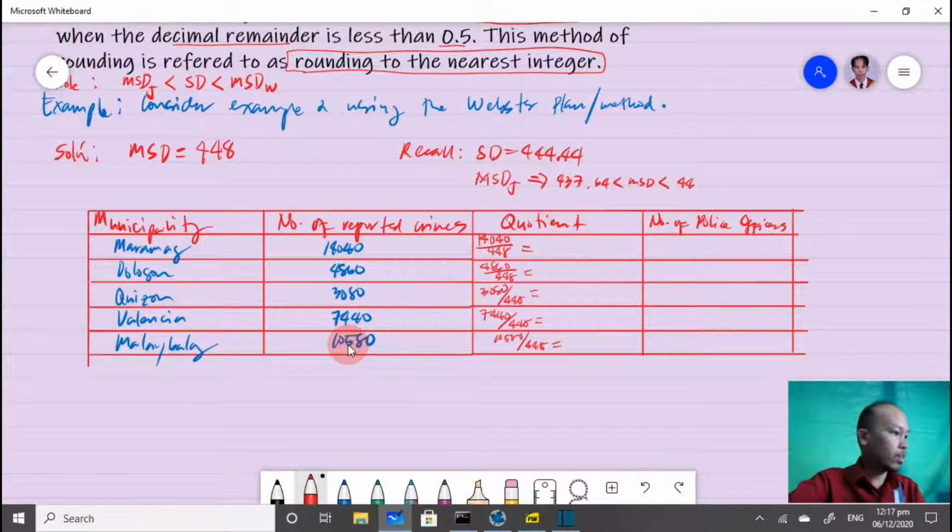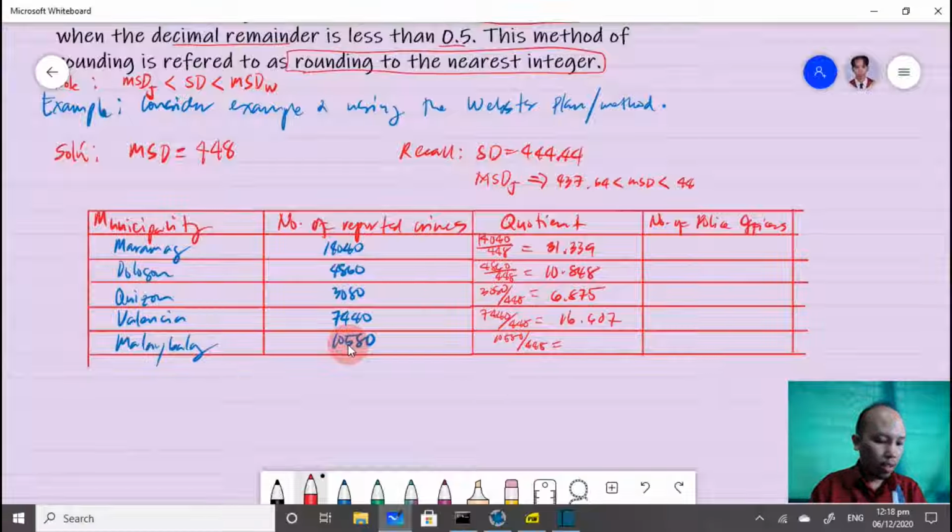Okay, so let's use the calculator. 14,040 divided by 448 is 31.339. 4,860 divided by 448 is 10.848. 3,080 divided by 448 is 6.875, and then 7,440 divided by 448 is 16.607.